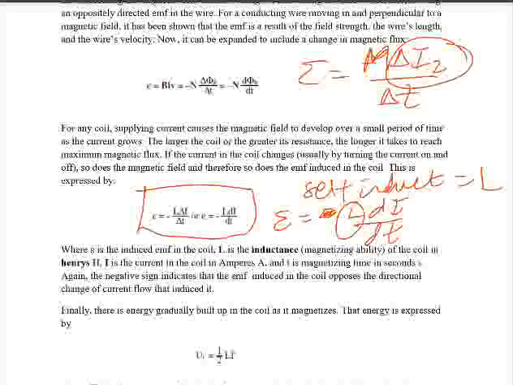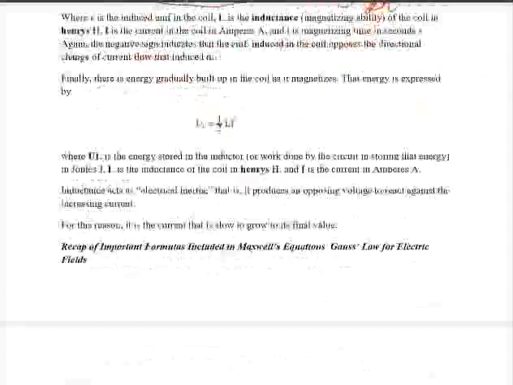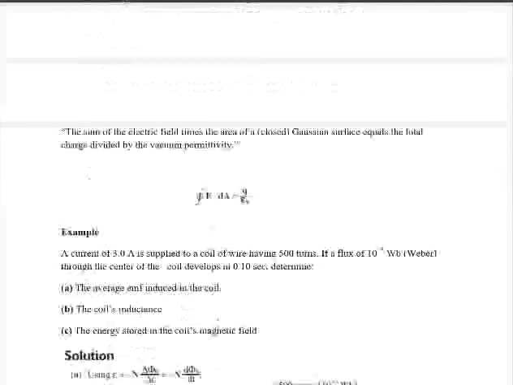The only difference is the current. For self-inductance, the induction is created by the coil itself, therefore we use the current of the coil, and mutual is because of the neighboring coil, therefore we use the current flowing through the neighboring wire. This is all about induction.